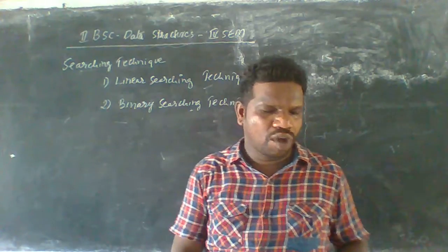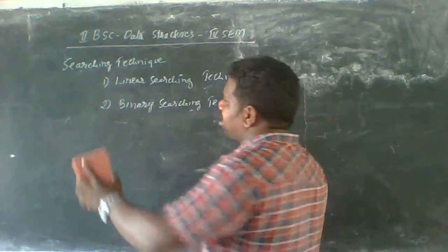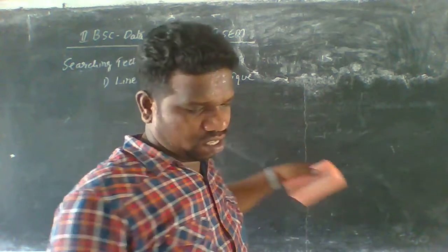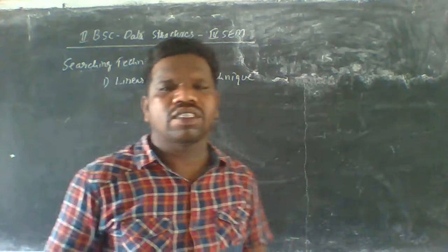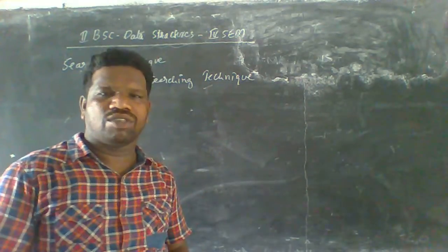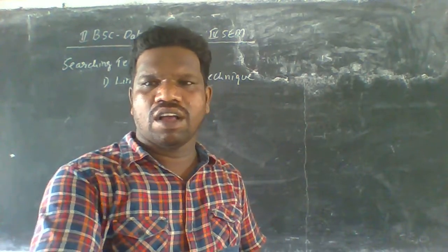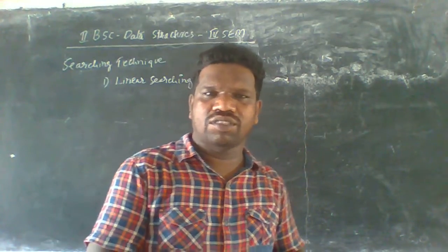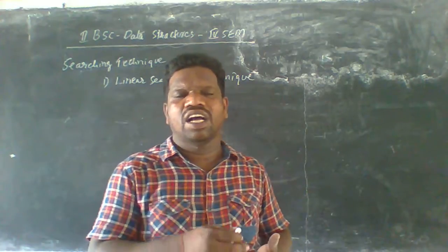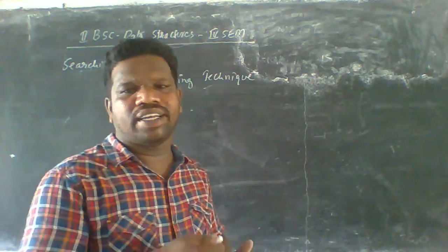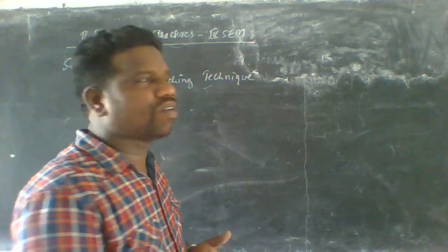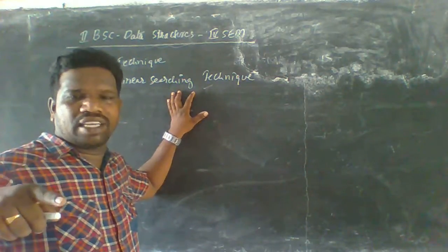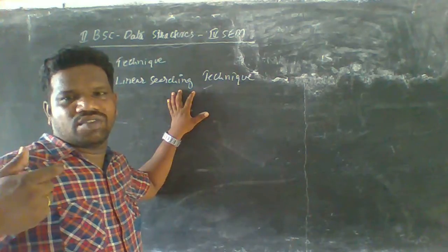Now I'm going to talk about the linear searching technique. If you want to prove this linear searching technique, you have to use some rules here. The elements are in random order, whereas in binary search it is different.